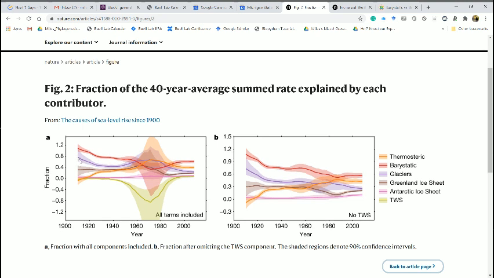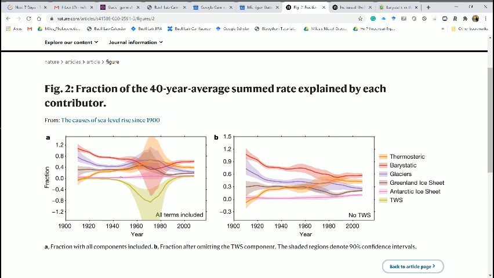Then the contribution of glaciers seems to be declining over time. Perhaps because they're melting over time, and therefore they can't contribute as much to raising sea levels. It's just a guess.